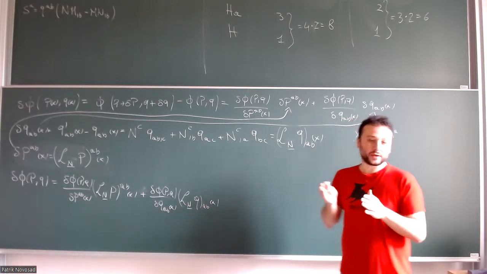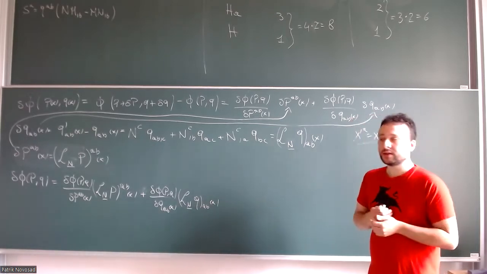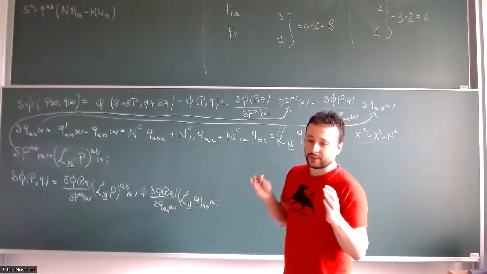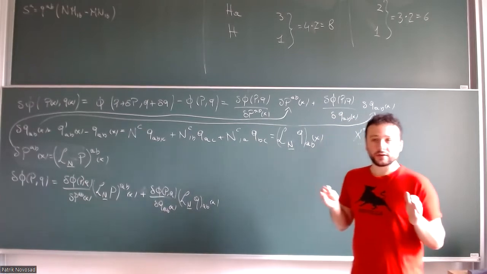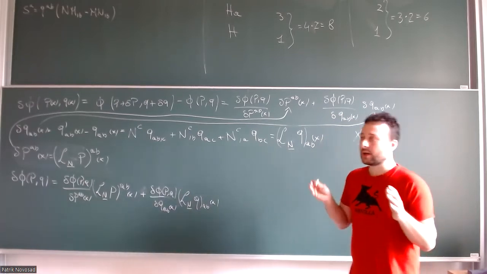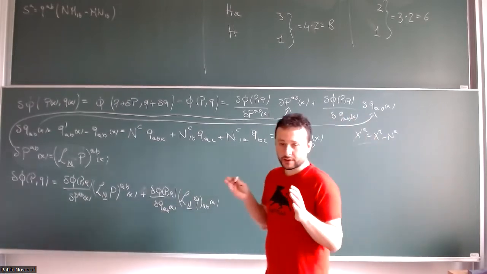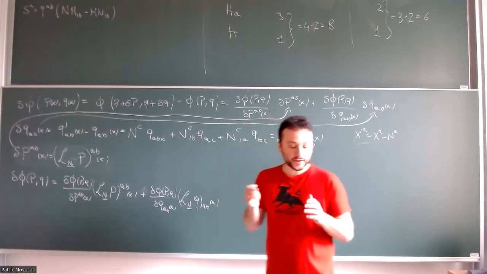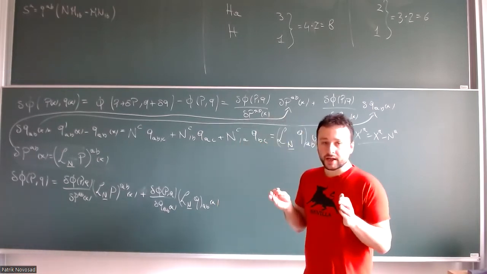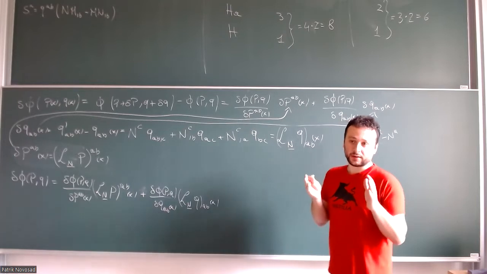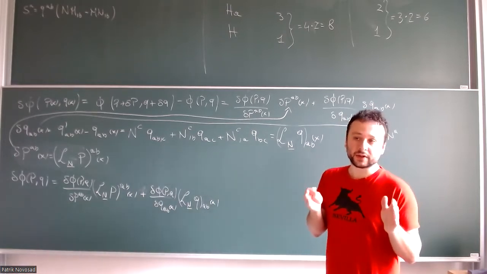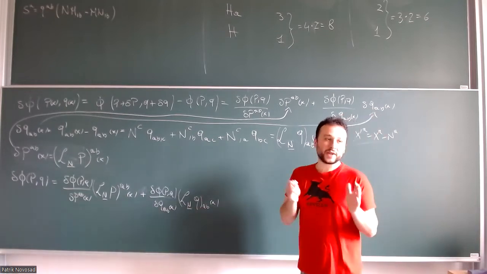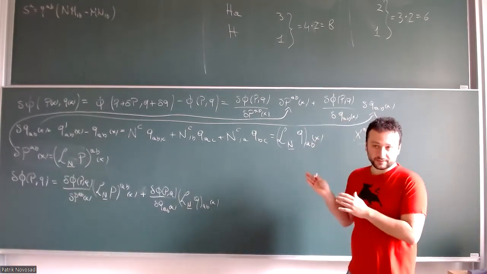By Hamiltonian vector field, I mean that for an arbitrary function, say h, of the phase space variables, called the Hamiltonian function, we can compute the Hamiltonian vector field, and from that we can construct Poisson brackets.